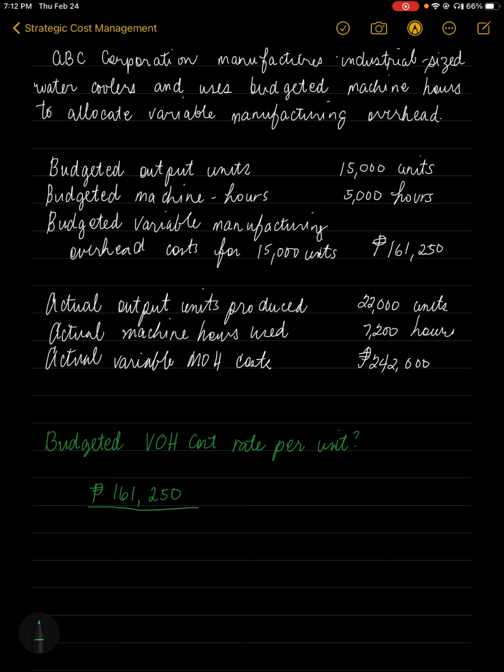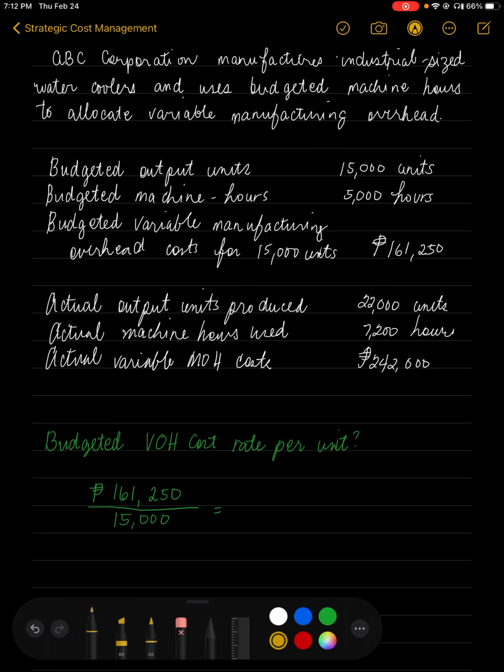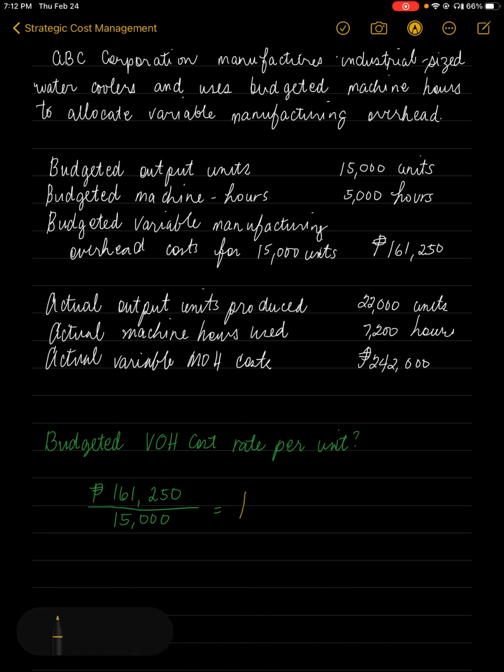And alin yung number of units na tinutukoy? As mentioned here, 161,250 is good for 15,000 units. Therefore, the budgeted variable overhead cost per unit will be 10 pesos and 75 centavos.